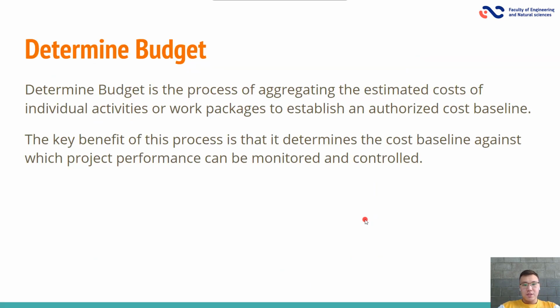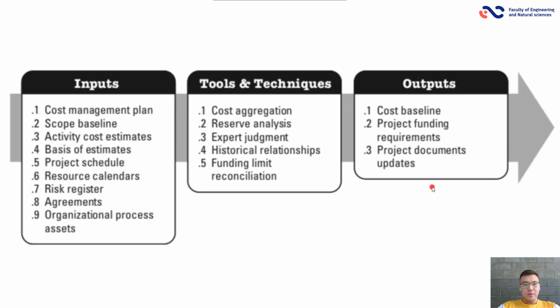Determine budget. Determine budget is the process of aggregating the estimated cost of individual activities or work packages to establish an authorized cost baseline. The key benefit of this process is that it determines the cost baseline against which project performance can be monitored and controlled. Here in inputs you have cost management plan, scope baseline, activity cost estimates, basis of estimates, project schedule, resource calendar, risk register, agreements, organizational process assets.